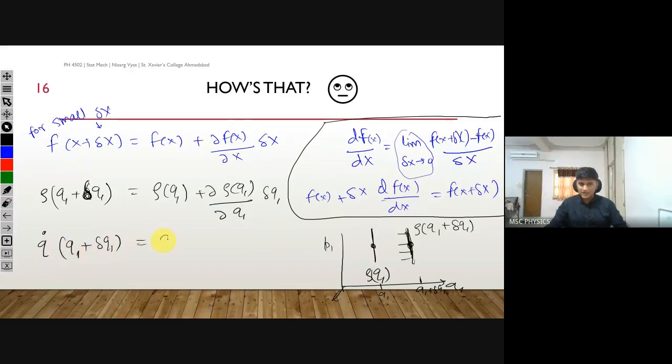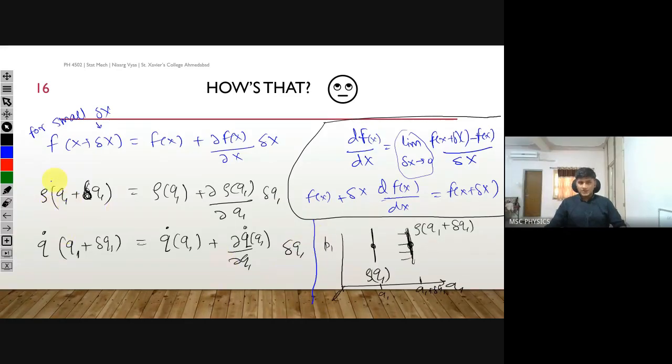So you can write it like this: Q dot at Q1 plus del by del Q1 of Q dot at Q1 into delta Q1. You can write it like this, just separating these two things.